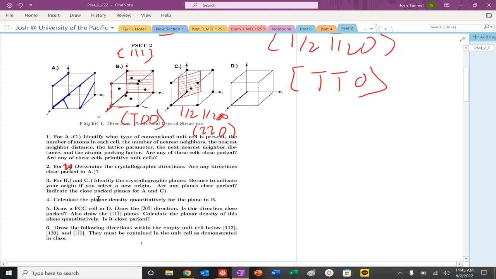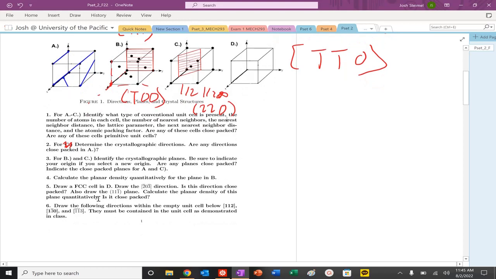Calculate the planar density quantitatively in our plane in B. So in our plane in B, we can see I have atoms here, here, here, here, and here. So what is my planar density equation? It's going to be number of atoms, the fourth, plus 1 in the center.